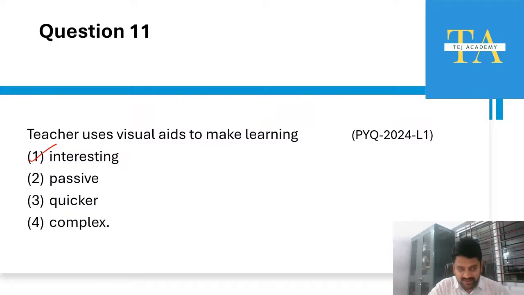Visual aids are used to make learning interesting, not quicker. See, the learning may happen quick or moderate or slow, but by using visual aid, learning will be interesting. That is 100%. So, to make learning more interesting, engaging, effective, we are using visual aids.